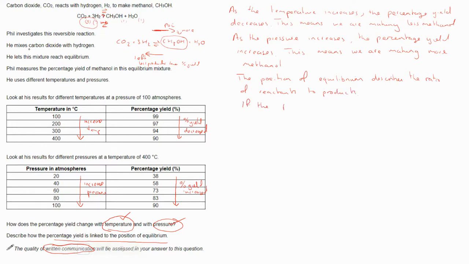If the position of equilibrium is on the right-hand side, then there are more products compared to reactants.